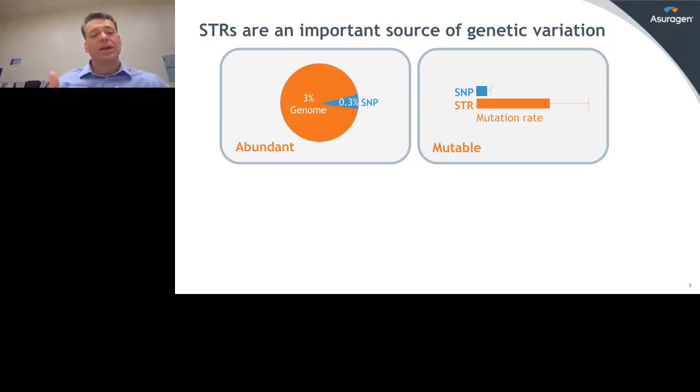Further, because they can occupy multiple length states, they are multi-allelic. So unlike SNPs, which are typically binary, it's a C or it's a T, with a repeating element, it can be different lengths and thus can function over a digital continuum of possible states that may have an ability to fine-tune any functional impact they have.